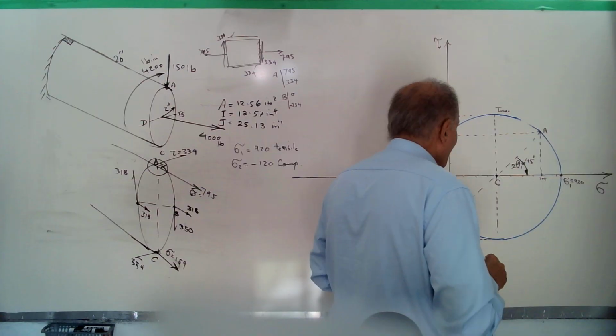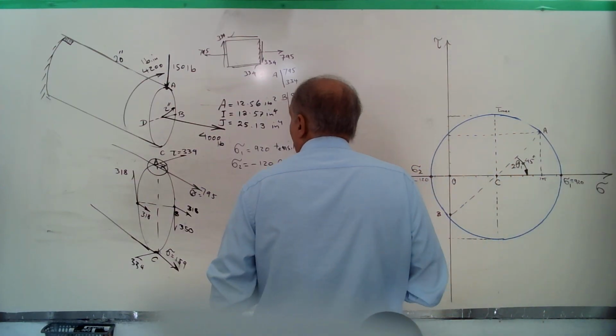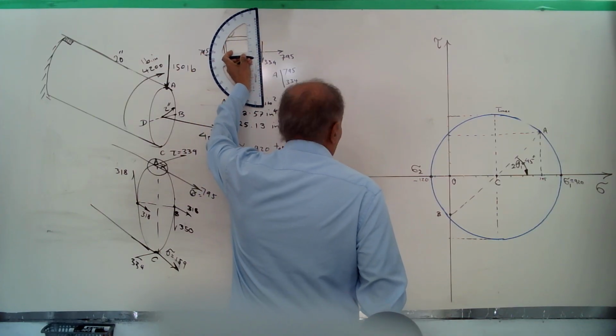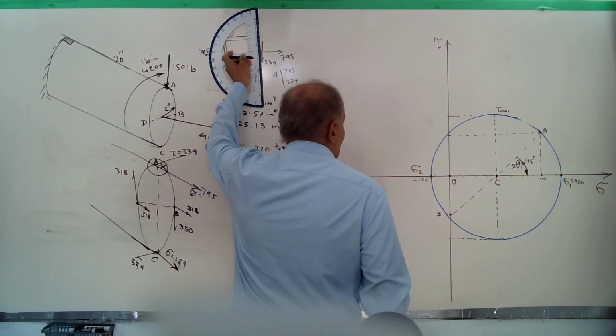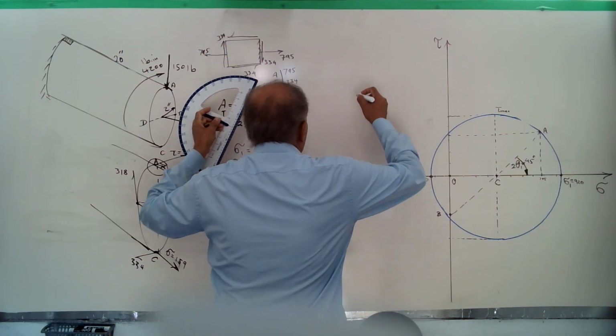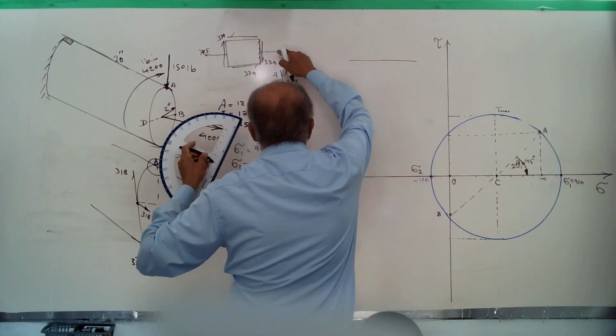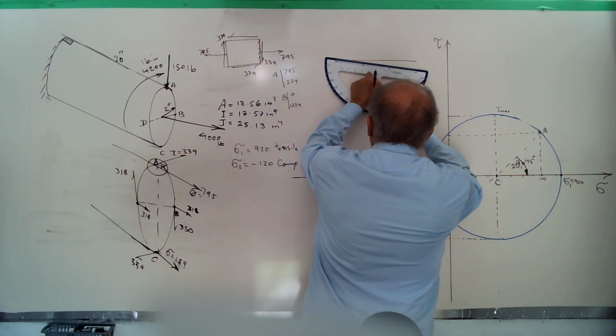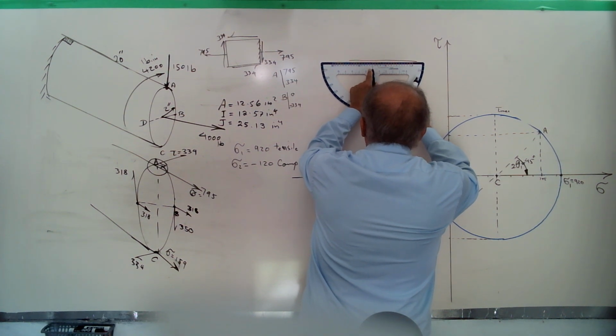Okay, here I must rotate this element 22.5 degrees in this direction. Then I get this x-axis, the original direction, and I move 22.5 clockwise.